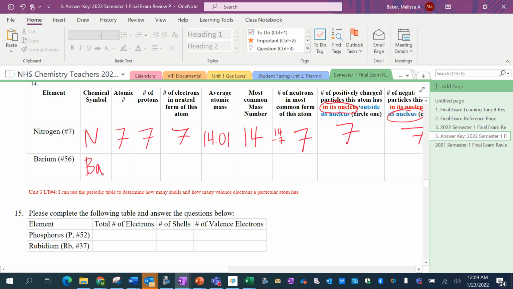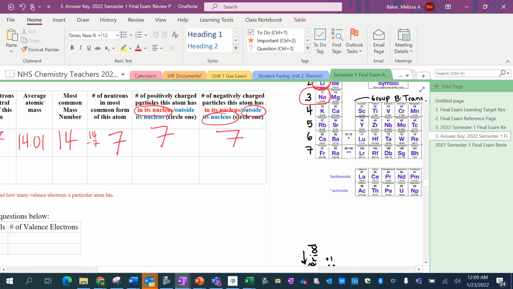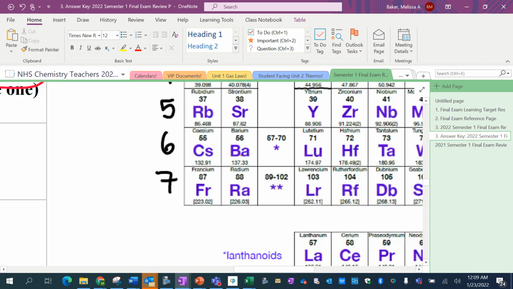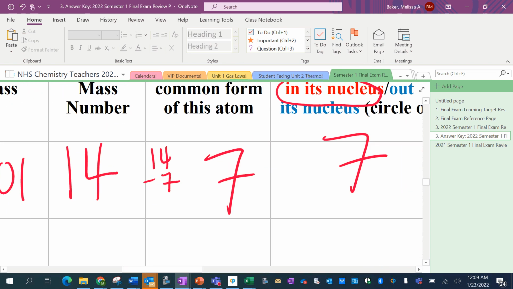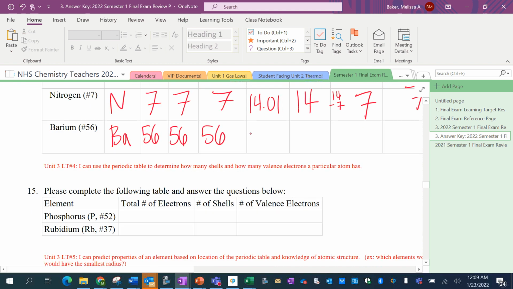Next is barium. It's number 56, so it has 56 protons and 56 electrons in its neutral form. Its average atomic mass is 137.33, which means it rounds to 137.